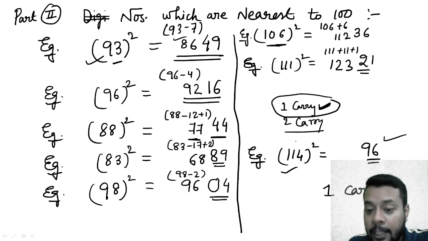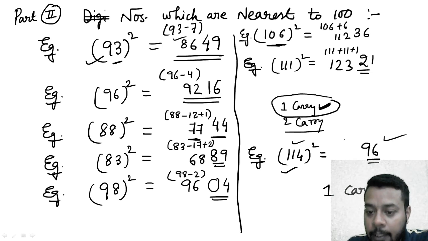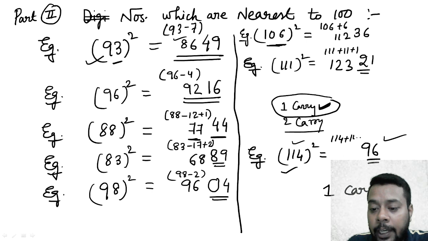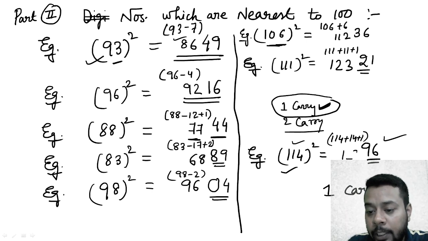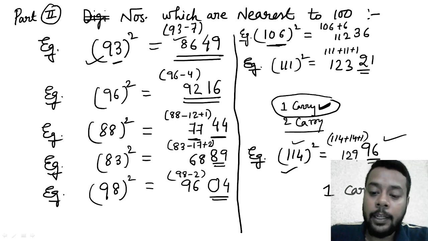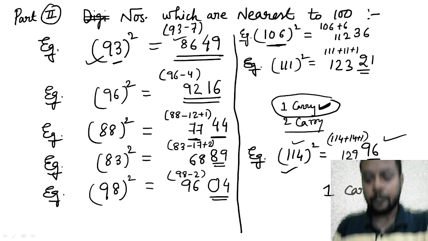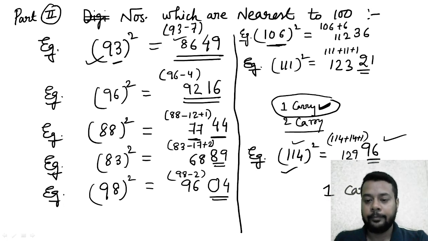And the same 14 has to be added to the original number. We will get 128, and 128 plus 1 will give us 129. So this is how you can find the square value in the easiest way, within seconds, right?